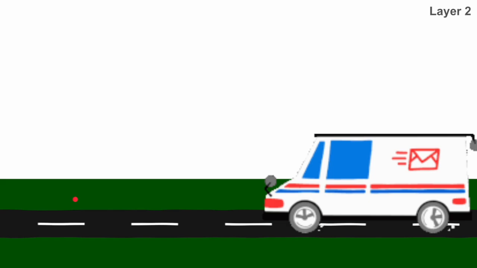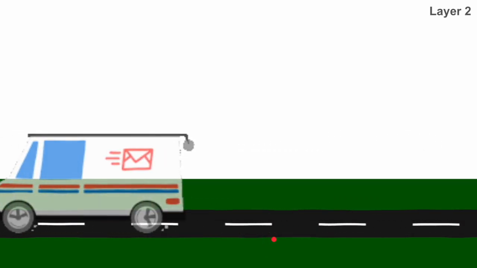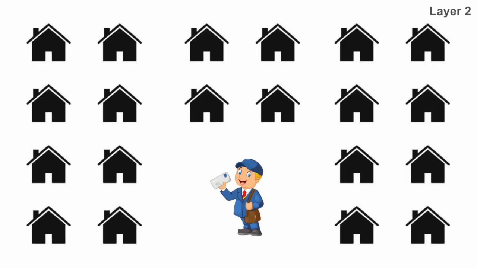Now think of it this way. The physical layer, layer 1, is the road itself. Layer 2 is the mail carrier. It's the thing that's actually used to transport data. Now a mail carrier, whenever it is delivering the mail, will check the address of the home to make sure it ends up at the right home.